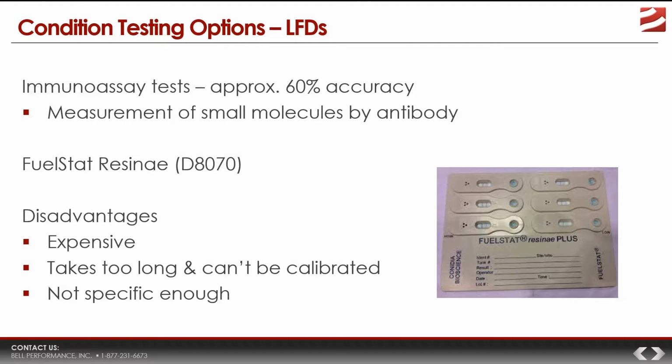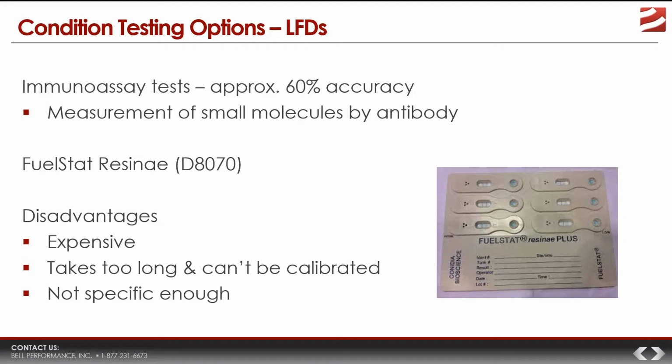So the most popular lateral flow device is the Fuel Resonate test by Canidia. I think Canidia Biosciences. And it has an ASTM number, 8070. Each test is actually a panel of 3 tests. They're all on a cardboard backing, and they've got 3 pairs of what they call LFD modules.